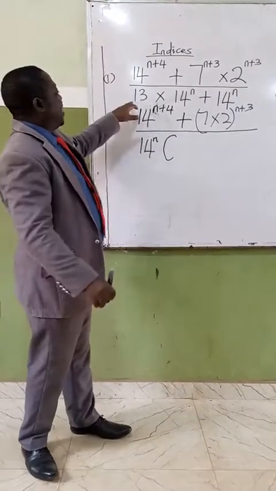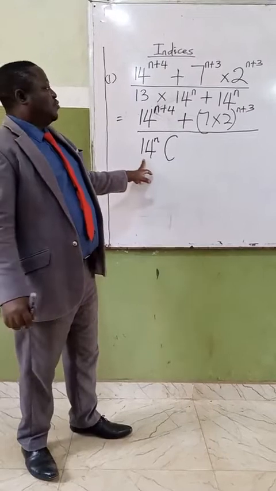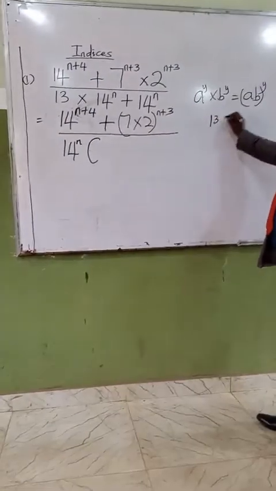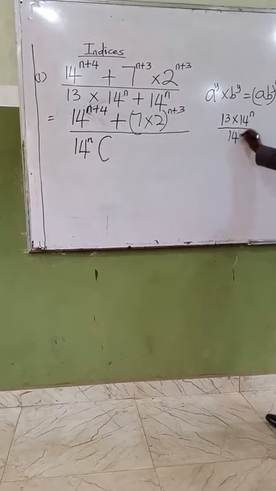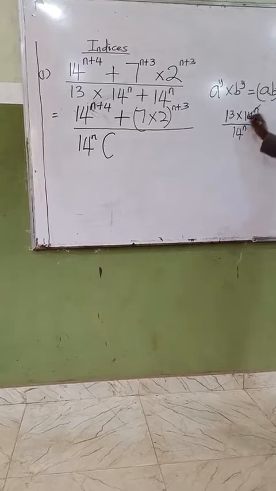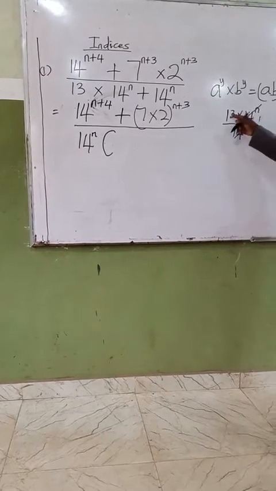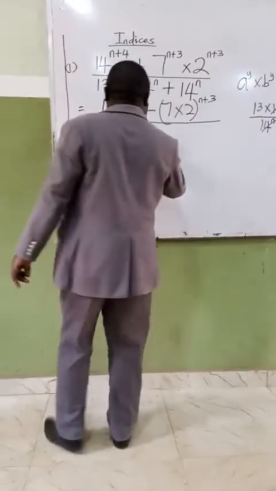We divide 13 times 14 raised to power n by 14 raised to power n. 14 raised to power n cancels 14 raised to power n, and we are left with 13 times 1. That is equal to 13.